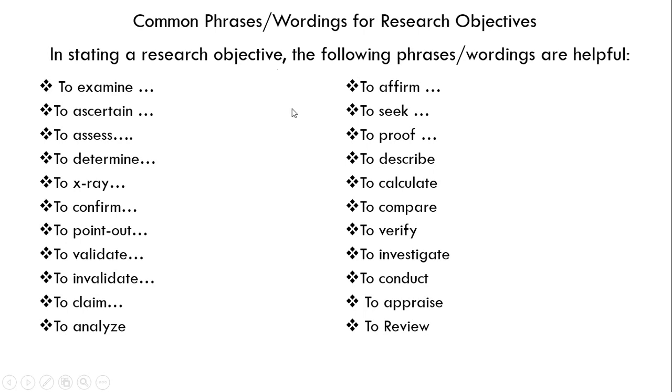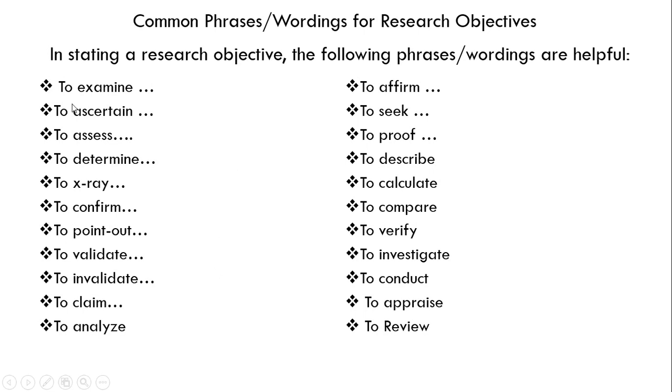Going forward, as we said, the common phrases and wordings for research objectives. When you are faced with stating your research objective, you often face the difficulty of choosing the action verbs or phrases, and these are sometimes rejected when you submit your research. But here we have highlighted a couple of them. There are more to this. If you read further, you will see.